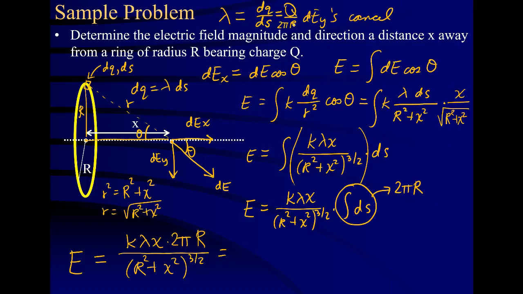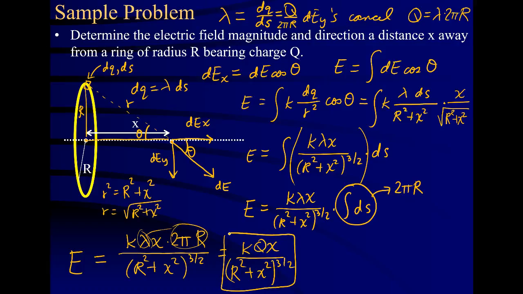So that's 2 pi R. So from this, you can notice that Q is lambda 2 pi big R. And if you see here, here's lambda, here's 2 pi R. Those put together are big Q, so we can simplify our electric field to k big Q x over big R squared plus x squared to the 3/2. And that's going to be our final answer for the electric field.